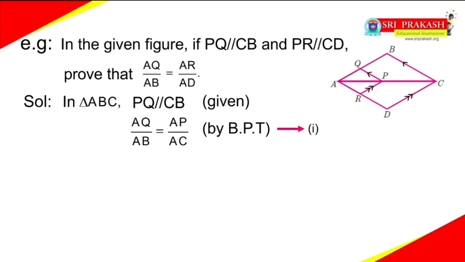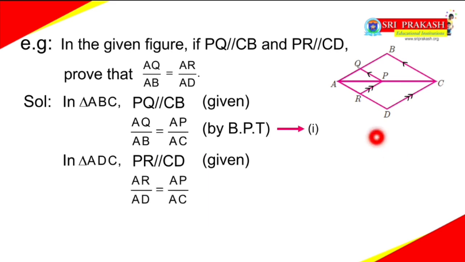Next, in triangle ADC, PR is parallel to CD, which is given in the problem. Now, we know that AR by AD is equal to AP by AC by BPT.